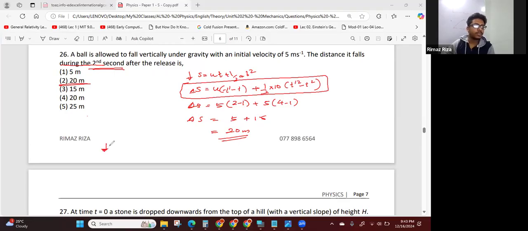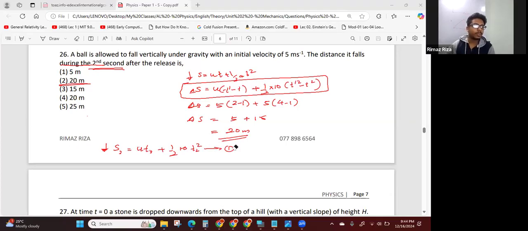Let's say the distance traveled after 2 seconds, for example. So u t, some time will be there. So after 2 seconds, u t2 plus half into 10 into t2 squared. You will get this equation 1.